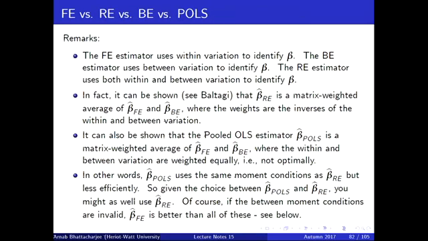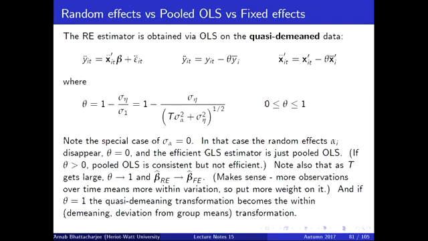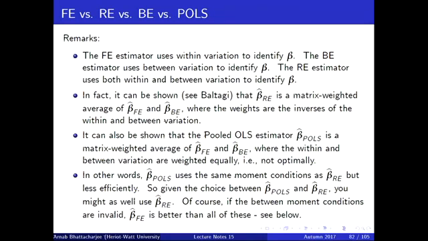In fact, I've shown you that the random effects estimator is somewhere in between pooled OLS and the fixed effects estimator. Something else can also be shown, that this random effects estimator is actually an average of the fixed effects and between effects. Okay?